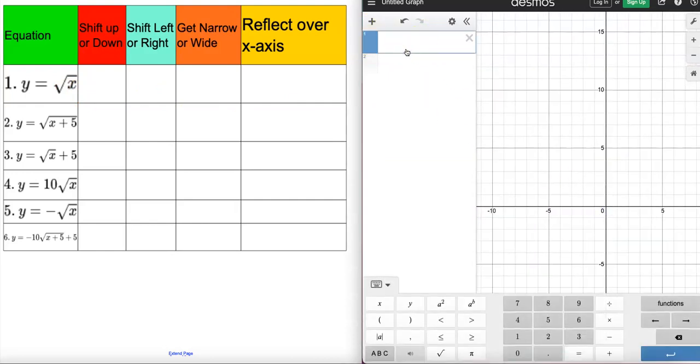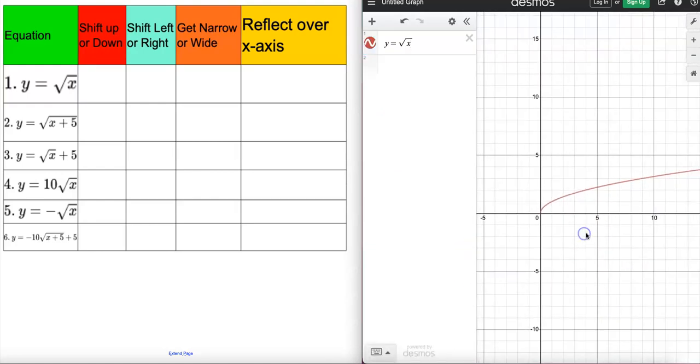So I want to go ahead and graph that. So y equals the square root of x. I put that in my calculator or my Desmos, and I get this function right here.